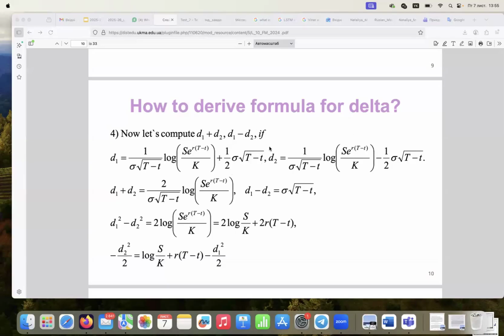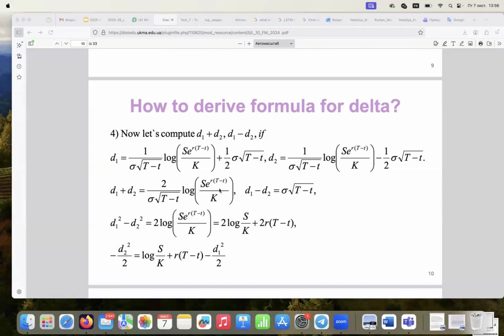So from this minus this, but it is with minus already, minus and minus will be plus. It should be not half, but 1. Sigma multiplied by the square root, yes? So it is the result.